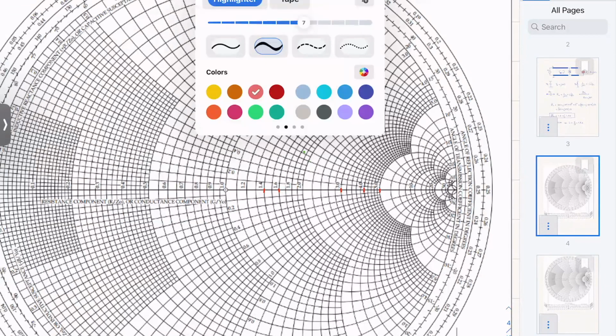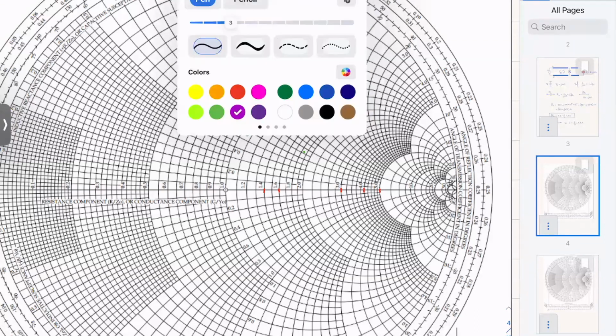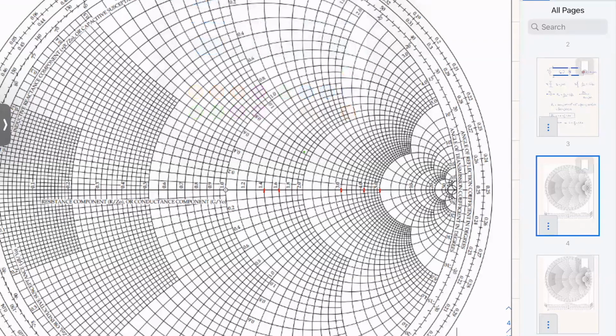I will not normally do it, but at this moment, let me see. Red, okay. Let me erase these ones. You have to be neat on this Smith chart. It's 1.6, we said, and it starts at this point.